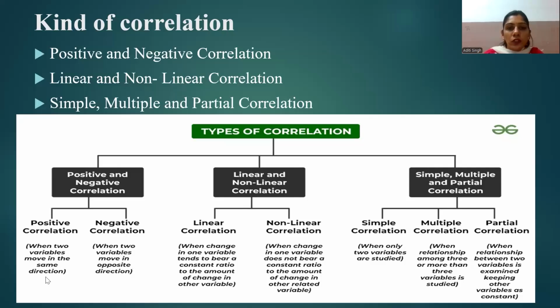Negative correlation is when two variables move in opposite directions. When two variables are moving in the same direction, that is positive correlation, and when they are moving in opposite directions, one going towards the left and one towards the right, that is negative correlation.